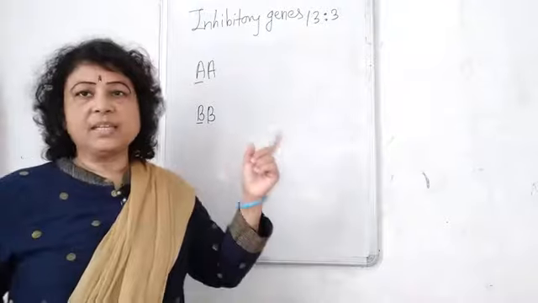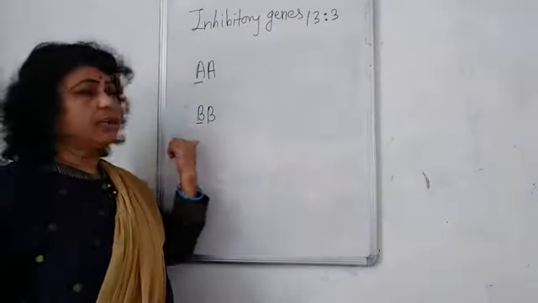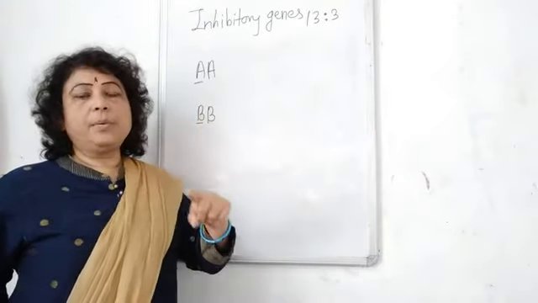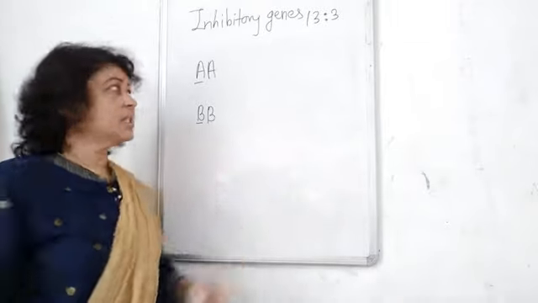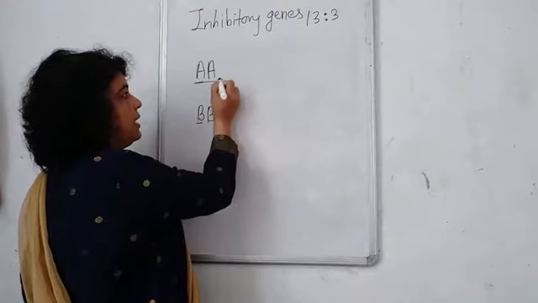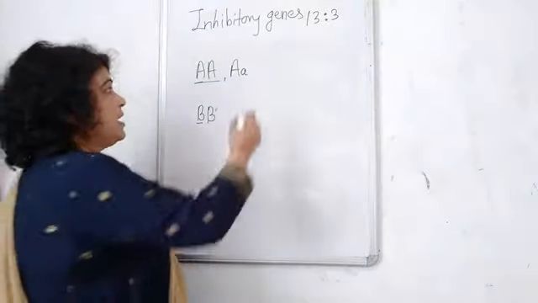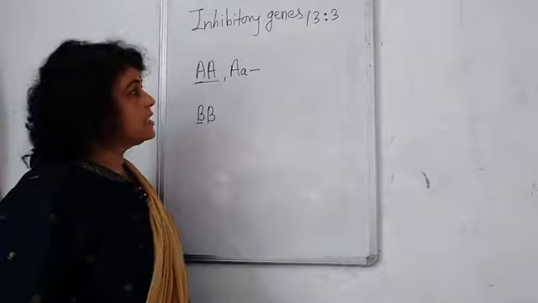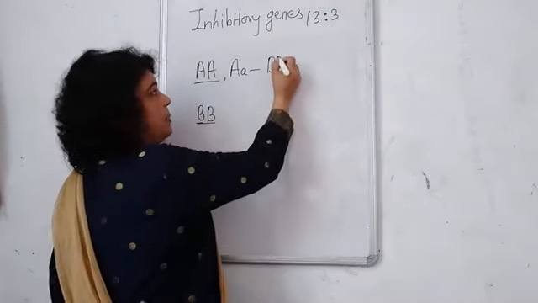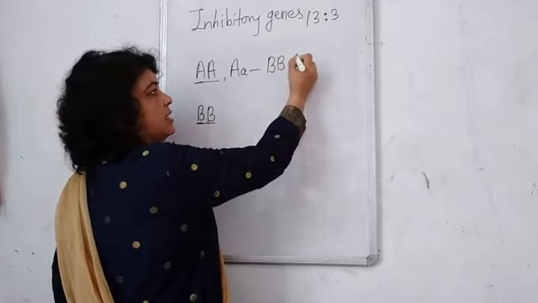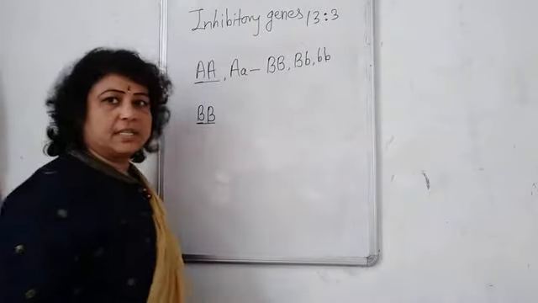The A may be in homozygous condition or heterozygous condition, that means capital A capital A or capital A small a. It always expresses its character over the other gene, that is B. B may be in homozygous, heterozygous, or recessive condition.